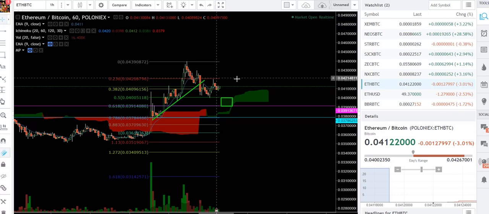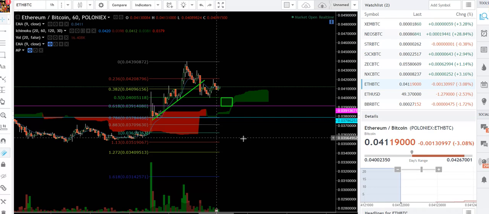All right, sorry about that. So yeah, I'm always looking for how it's trending and how it's establishing its support and resistance areas, and then what the relationship is to the cloud. For all time frames, really.